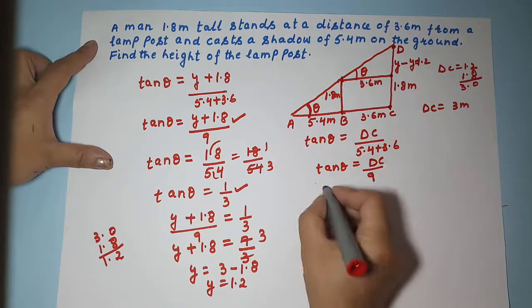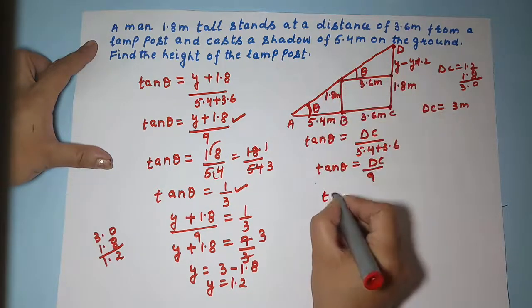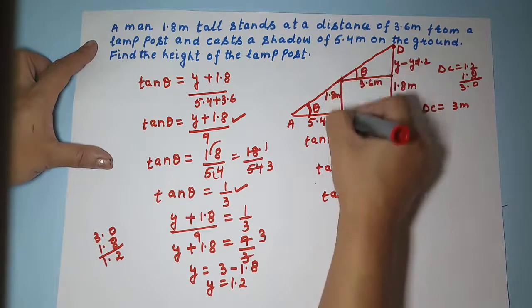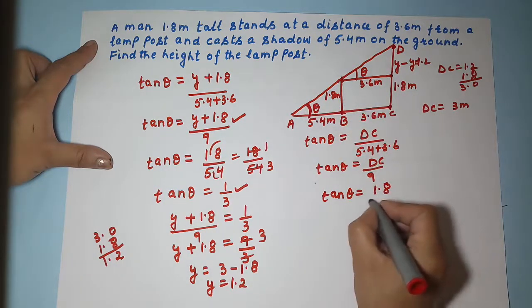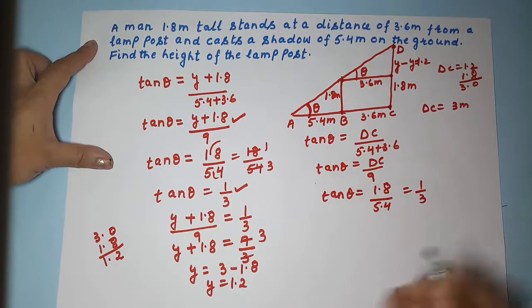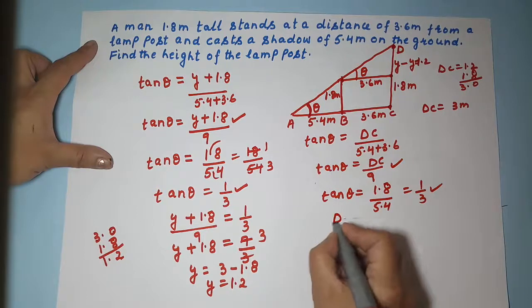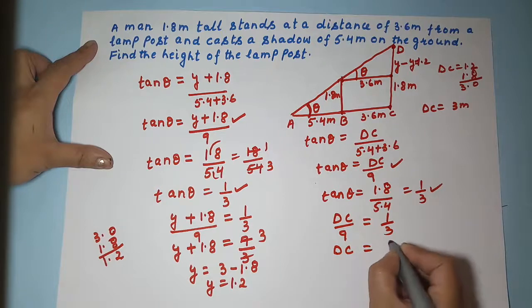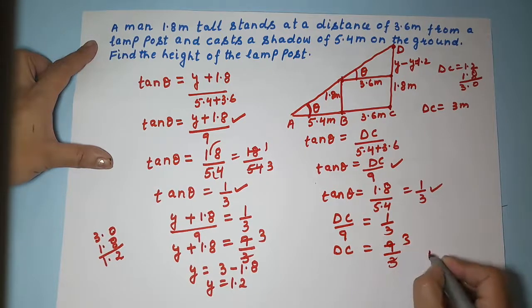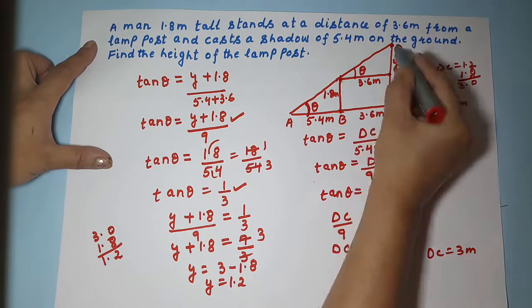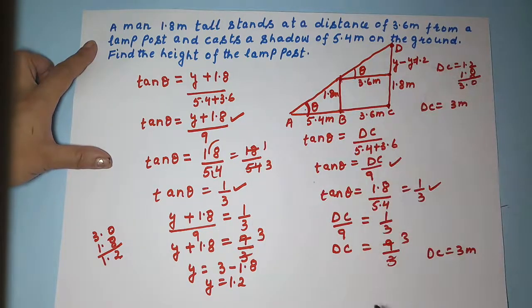Then come to this triangle: tan theta is opposite upon adjacent, 1.8 upon 5.4, which we saw was 1/3. Now you can compare both of these. DC by 9 is equal to 1/3, or DC is equal to 9/3. So DC is equal to 3 meters. Either you take these two triangles separately, then you need Y, or you can directly also do it.